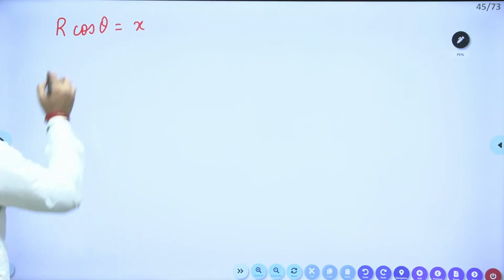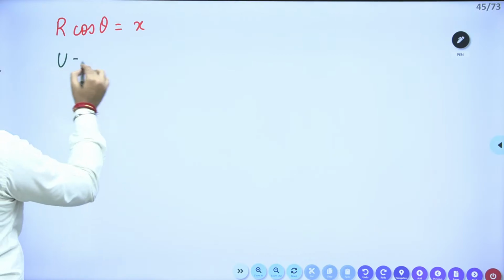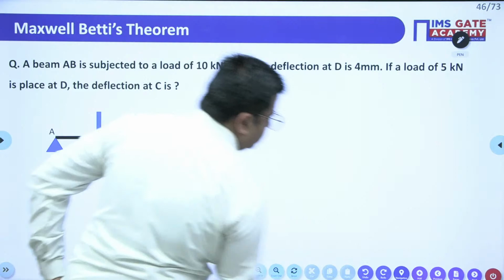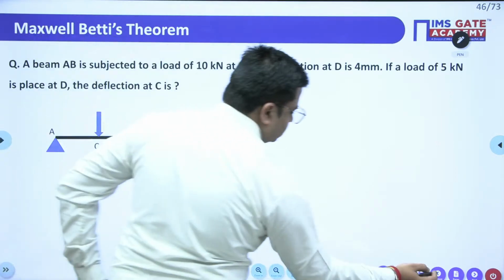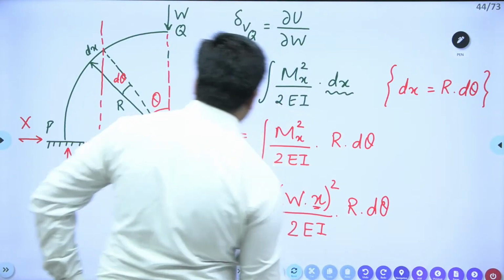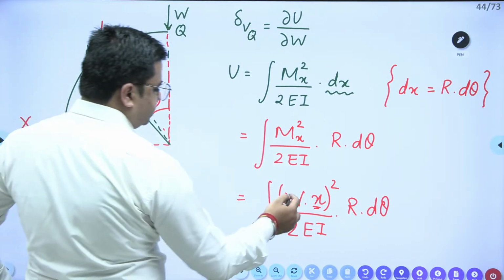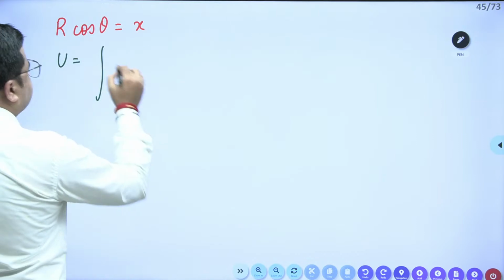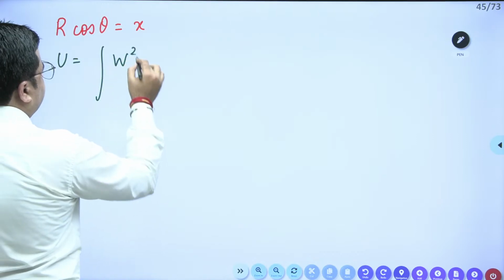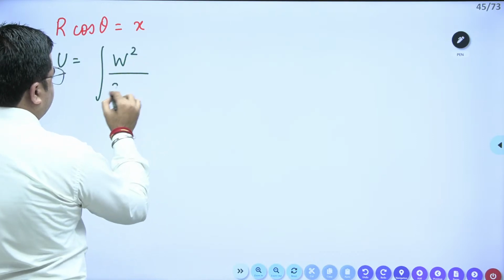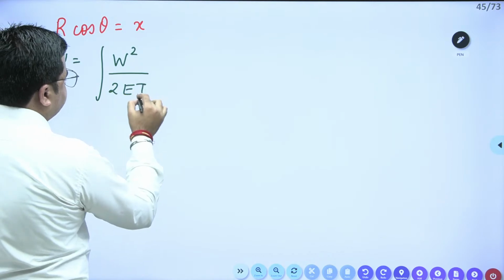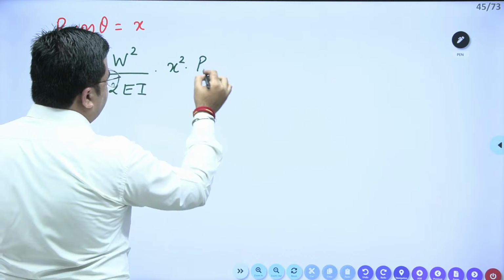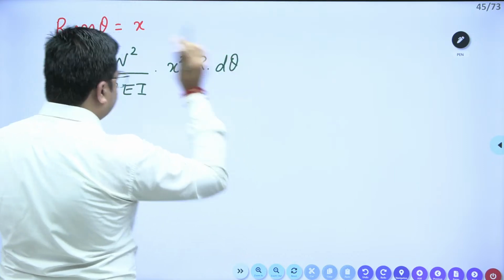Just substitute the value. So we have integration of W square upon 2EI into x square into r into d theta.